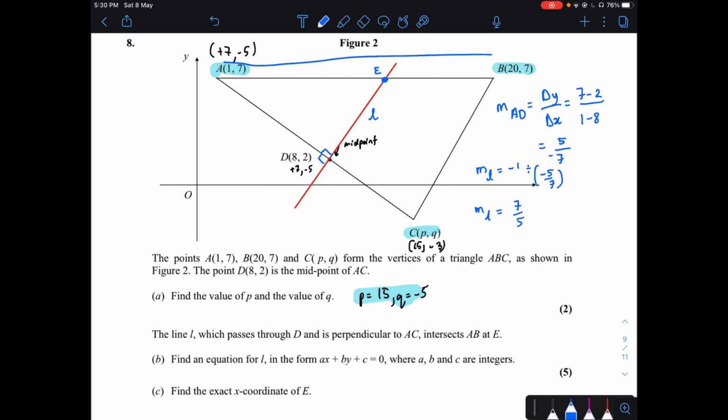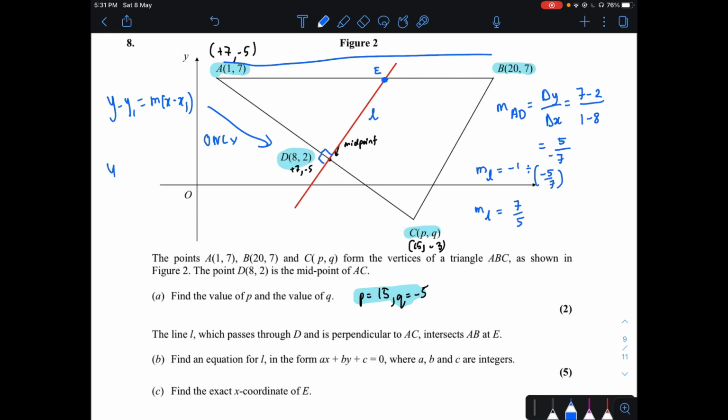Now, to find the line, we do the same thing we did before: we use the equation y minus y1 equals m, x minus x1. The only coordinates we know that pass through line L is D, so those are the only coordinates that we can use.